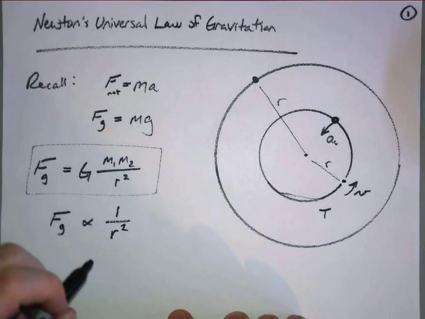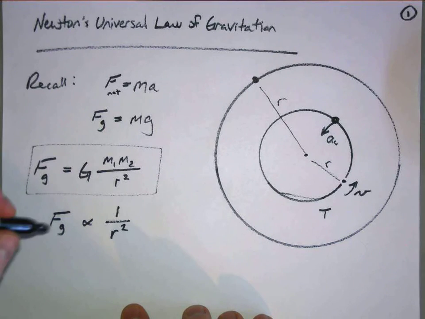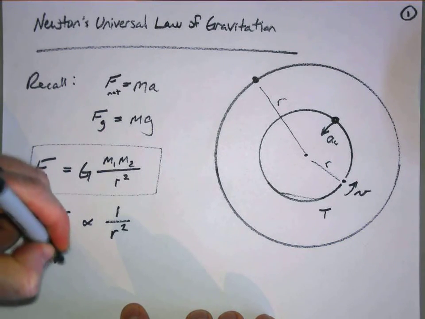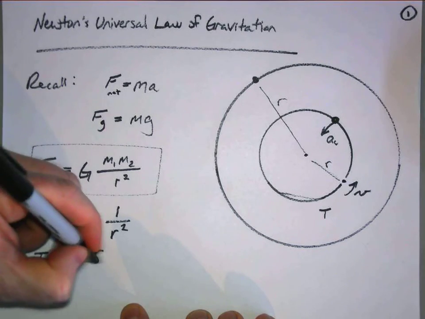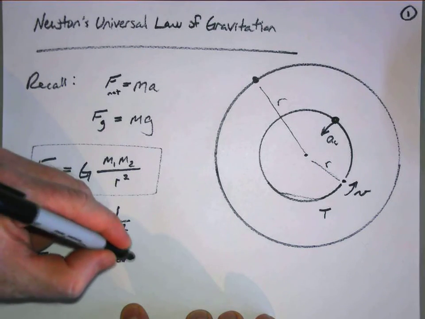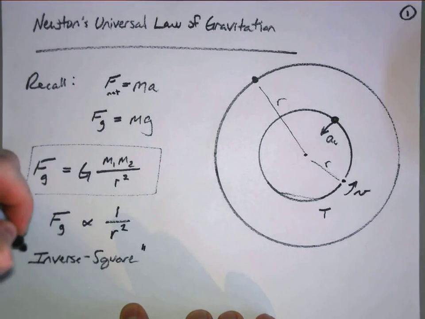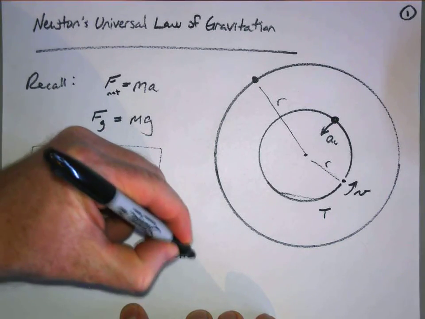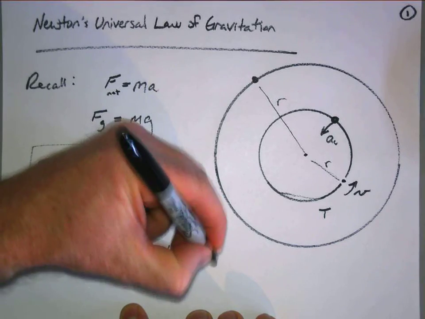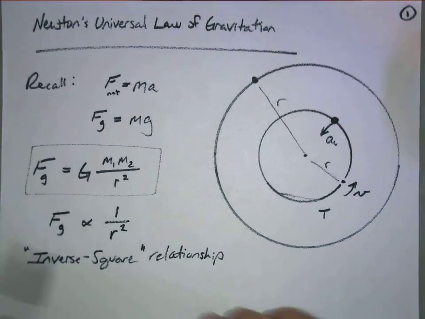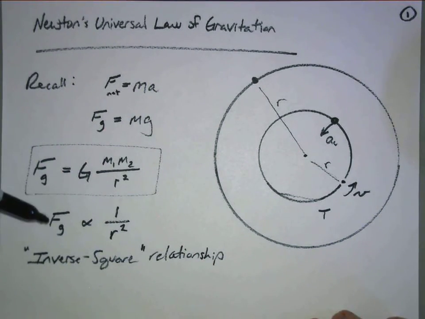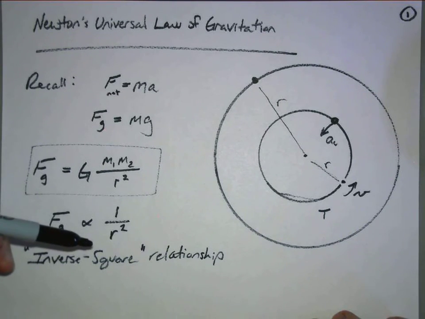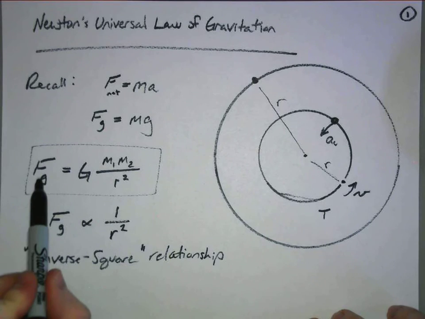You'll hear this called what's known as an inverse square relationship, where one thing is related to the inverse of the square of another thing. And that is what's going on here.